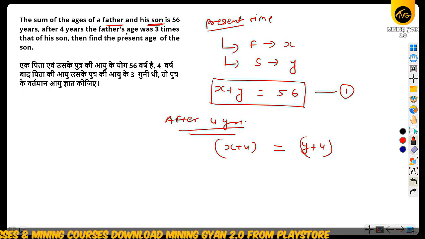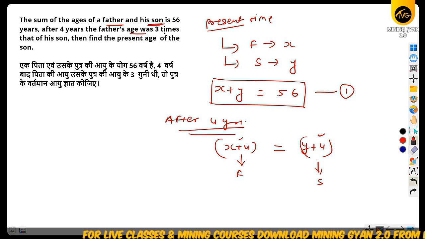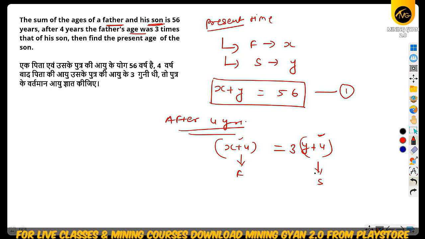And the logic is, after 4 years, the father's age was 3 times that of his son's age. So just multiply the son's age by 3.